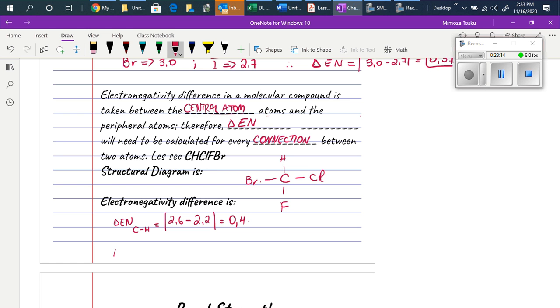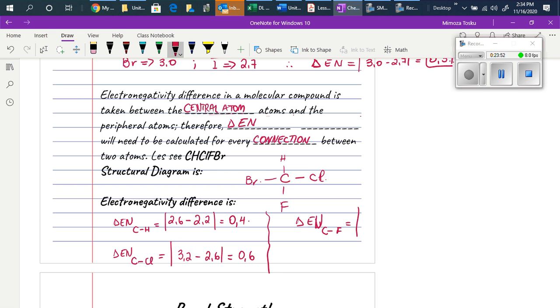Then for carbon and chlorine, chlorine has 3.2, so 3.2 minus 2.6 is 0.6. Then the electronegativity difference between carbon and fluorine.